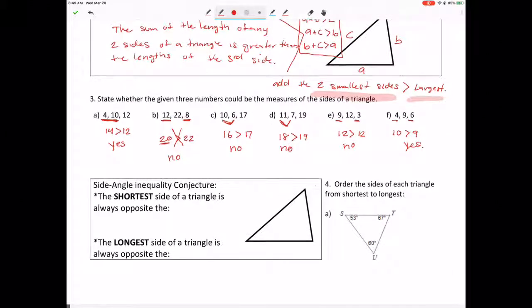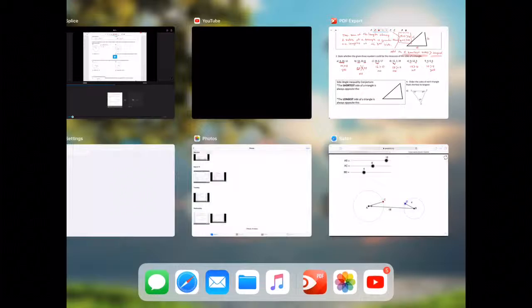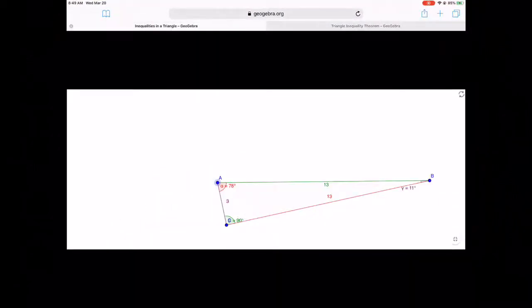All right, now let's look at the side angle inequality conjecture. It says here the shortest side of a triangle is always opposite the something, and the largest side of the triangle is always opposite the something else. So let's look at this other one and see if we can come up with this conjecture.